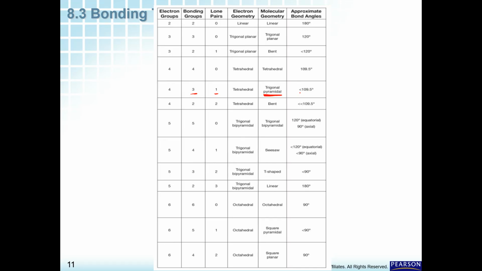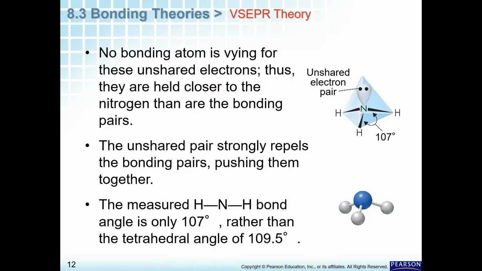And then also notice it says our bond angle is less than 109.5. If I actually look at this, you're going to see that its bond angle is about 107. Why is this the case? The reason for this is no bonding atom is vying for the unshared pair of electrons on ammonia, and therefore those electrons are held closer to nitrogen than the ones that are bonding hydrogen.